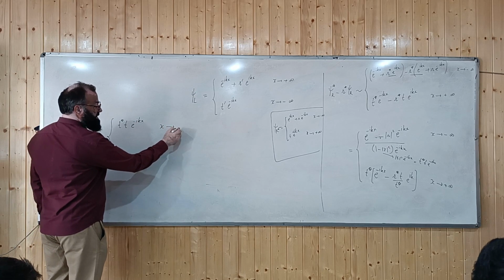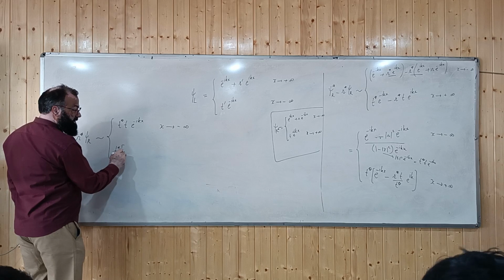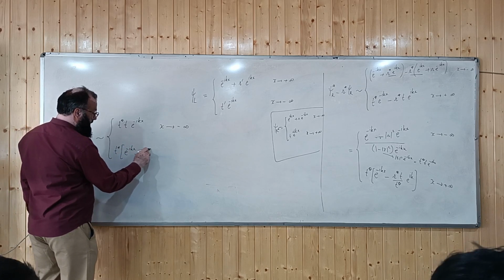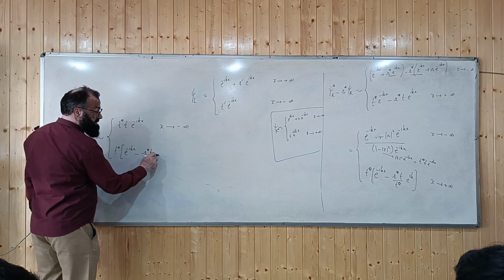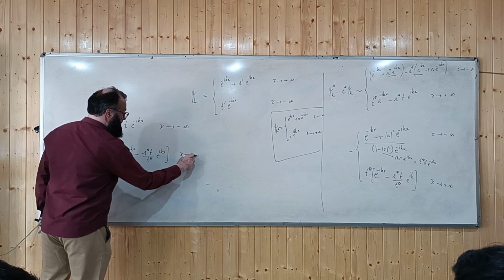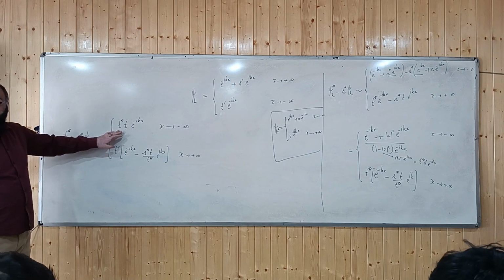So what is the asymptotic region? Minus infinity. So here you are having this t star e raised power minus i kx minus r star t by t star e raised power i kx, x tends to plus infinity. Now if you see, in both the terms this t star is multiplying.